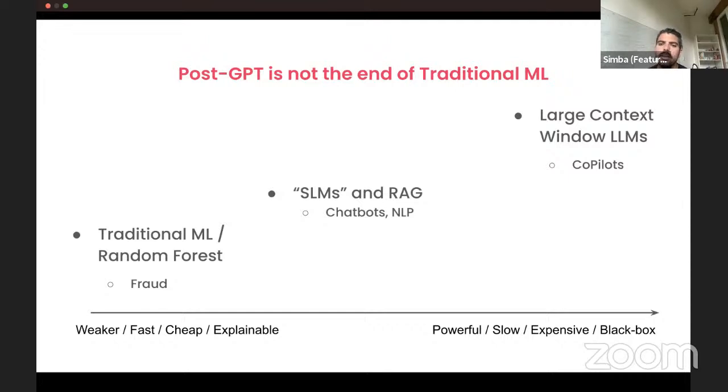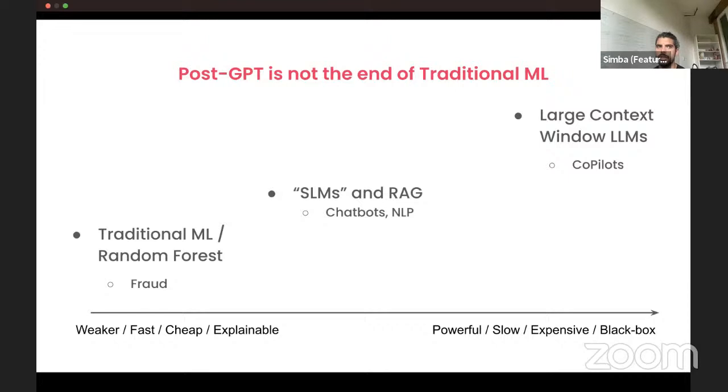It's kind of nuts. All these things will exist. There are different trade-offs on speed, explainability, cost, and quality, and they will all coexist.